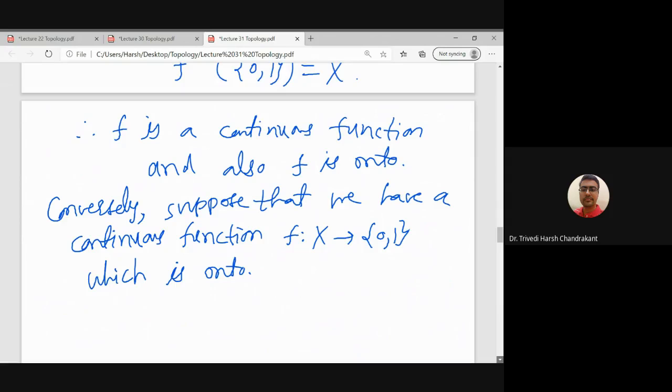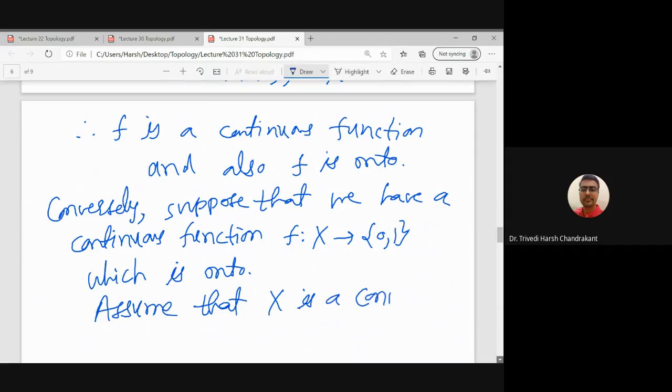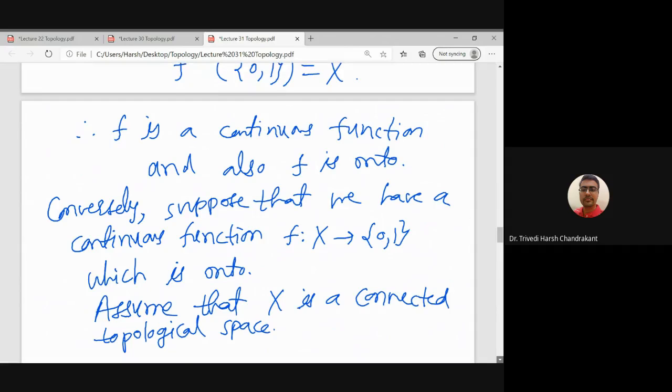Same way we will do. So assume that X is a connected topological space. So now X is a connected topological space and f is a continuous function.